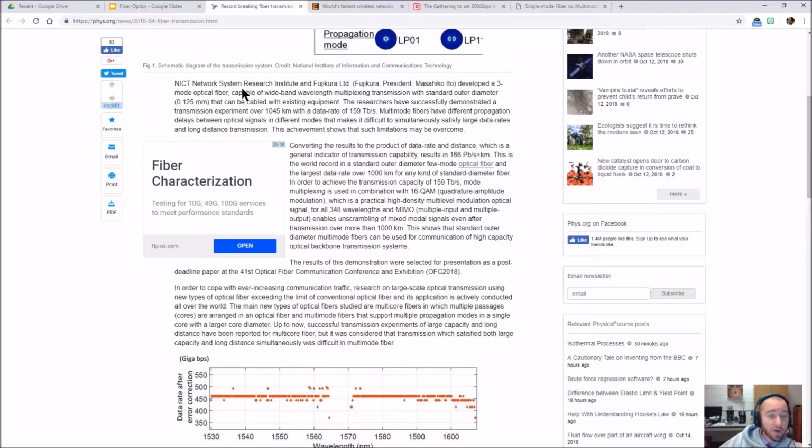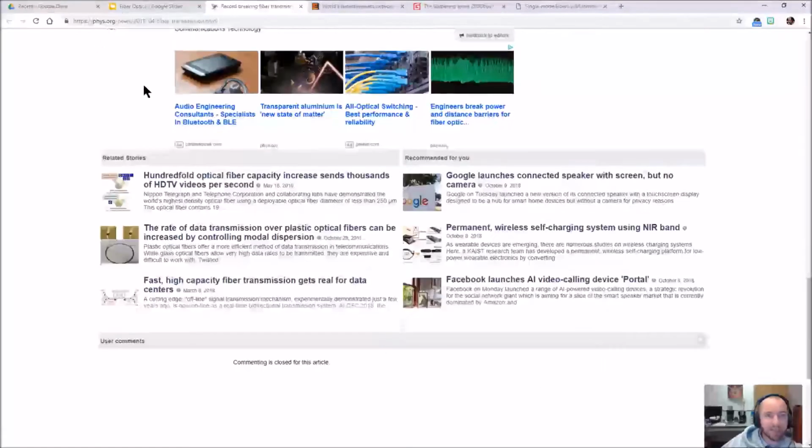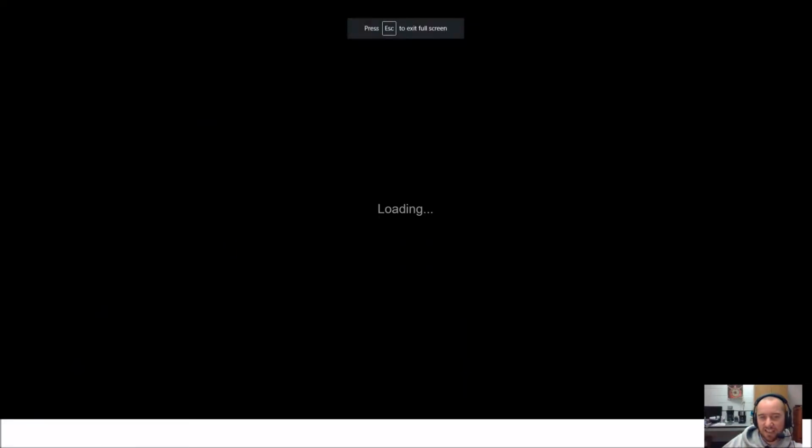It says the Network System Research Institute and Fujikura Limited developed a three-mode optical fiber capable of wide-band wavelength multiplexing transmission with standard outer diameters that can be cabled with existing equipment. See, already completely over my head, maybe over your heads too, but that's where I got the number from, 159 terabits a second. That's insane speeds.